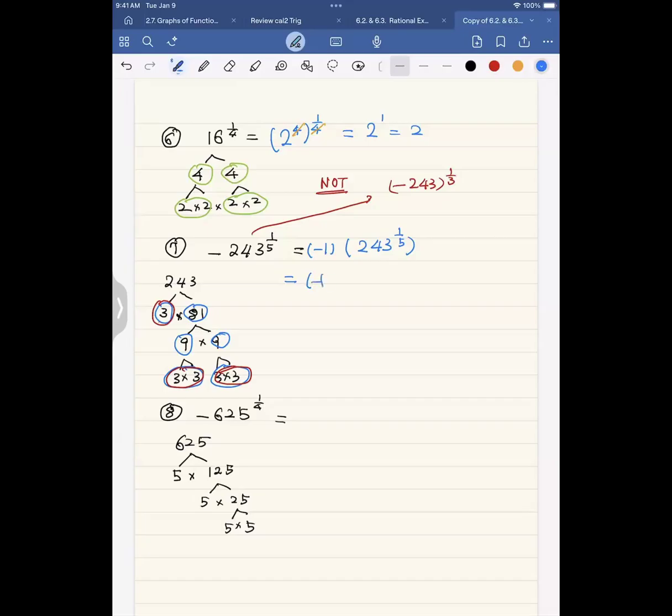So minus 1 times 3 to the fifth power to the 1 over 5 power. So that's negative 1 times 3 to the 1 power, which is negative 3.